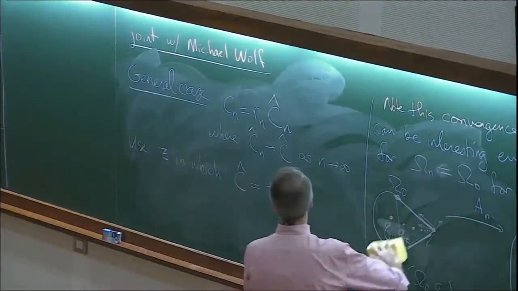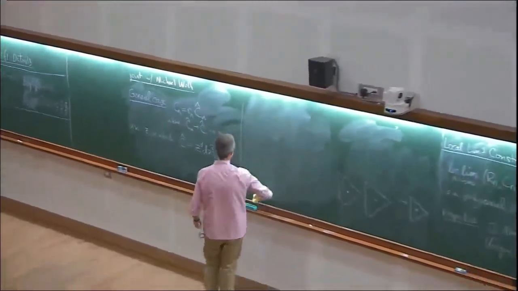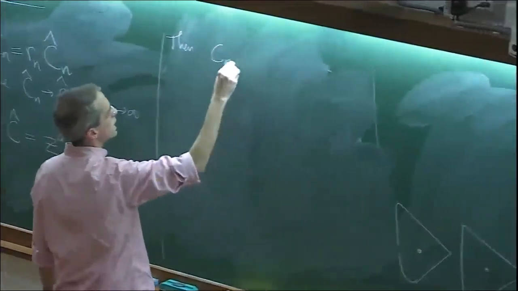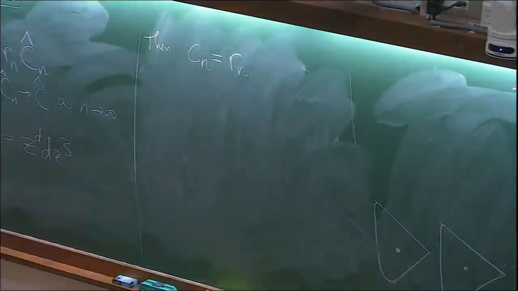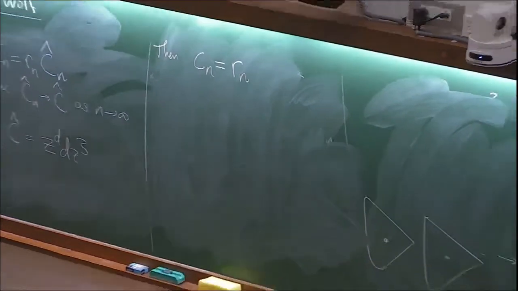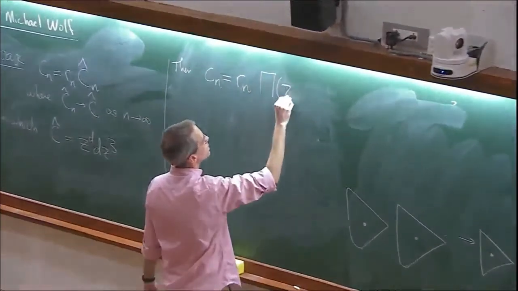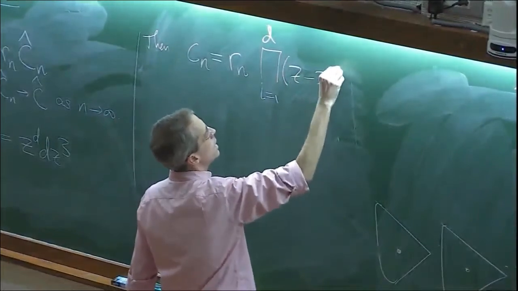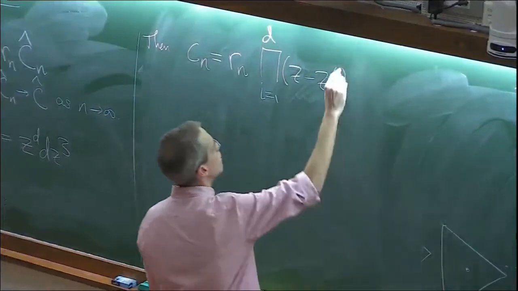And here's what we can say then about Cn. In that same coordinate system, Cn is a large scalar times something that looks like a small holomorphic perturbation of z to the d. So it has a bunch of zeros near the origin: the product from i equals 1 to d of z minus the ith zero, Zn superscript i.